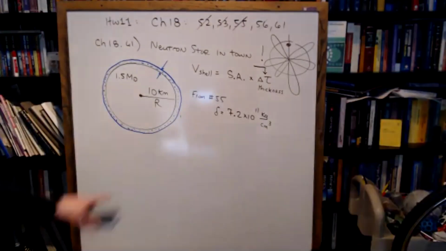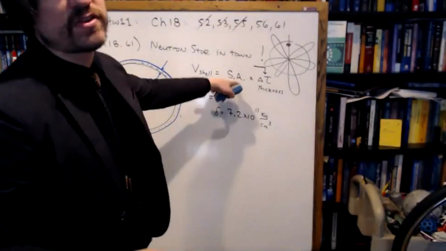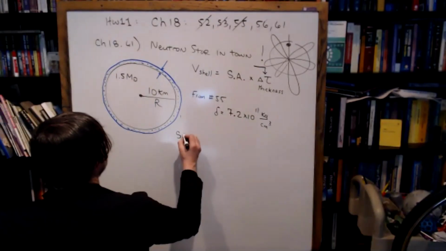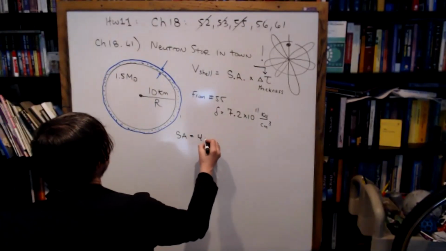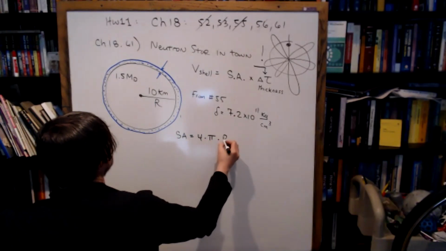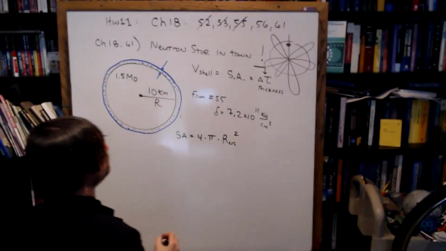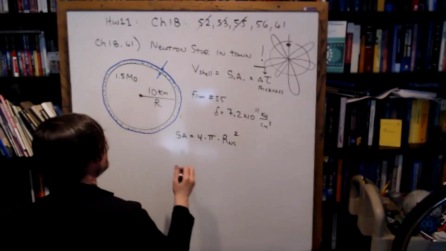I'm going to give you guys a hint. We can already solve for the surface area of the neutron star using the formula: surface area is 4 times pi times approximately the radius of the neutron star squared. Let's get that in square centimeters.